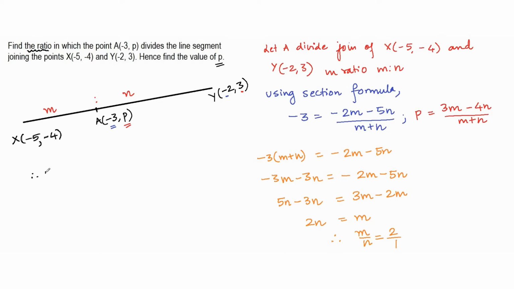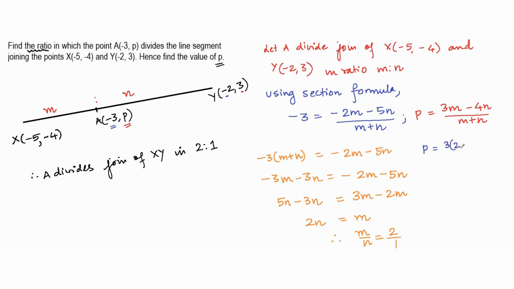Therefore, I can say that A divides the join of XY in the ratio 2 is to 1. And now that I know the ratio is 2 is to 1, I can find the value of p. To find the value of p, let me substitute m as 2 and n as 1.